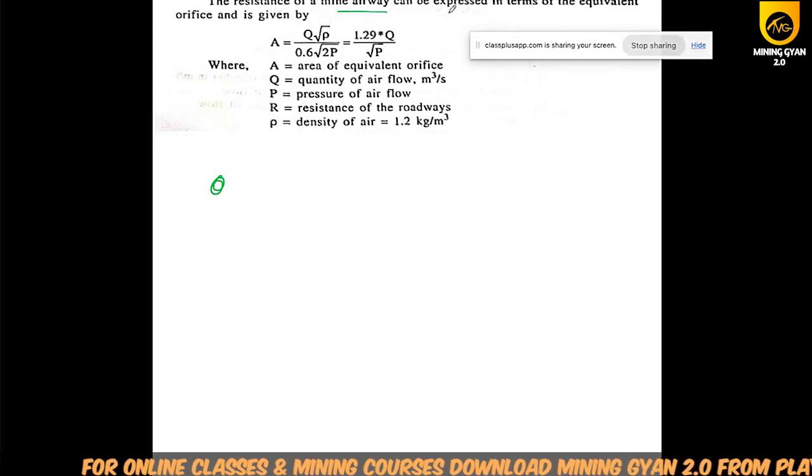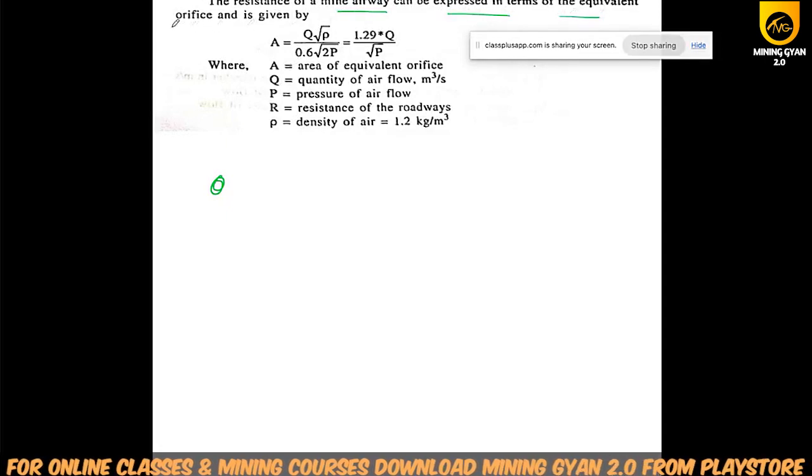equivalent orifice means, suppose you have a small area, the resistance of the mine's area can be expressed in terms of the equivalent orifice.